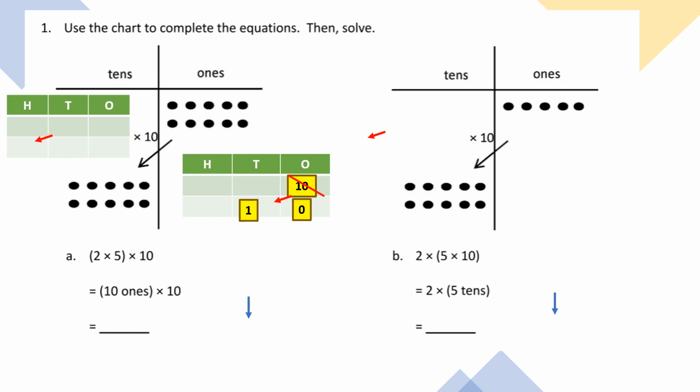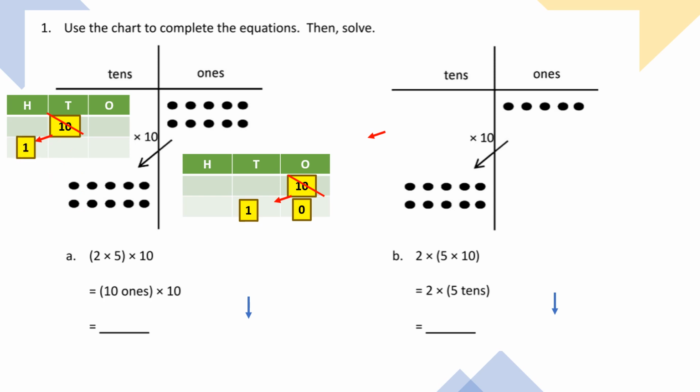Okay, now we have tens discs on the 10 side. Each one of these discs is worth 10, and we have 10 of these. We can't leave that whole 10 in the tens place, but we can bundle it because 10 tens is equal to 100.